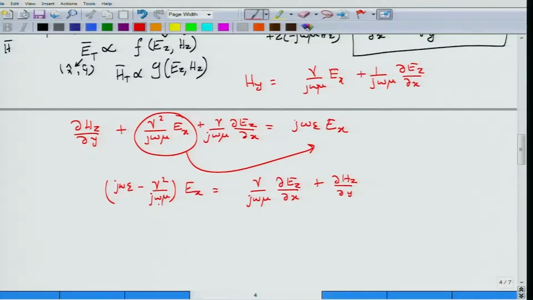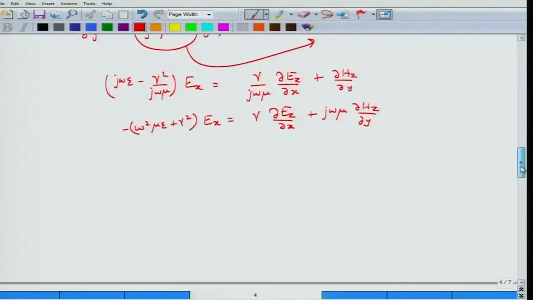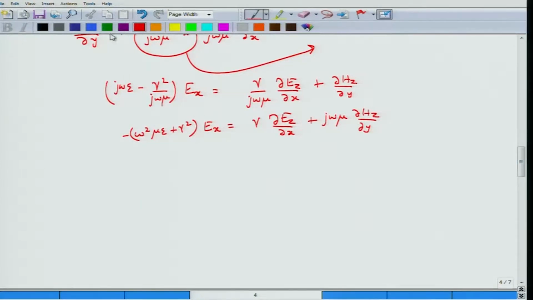I can rearrange the expression in these brackets. So I get minus omega square mu epsilon plus gamma square, times Ex, must be equal to j omega mu gets multiplied, so I have gamma del Ez by del x plus j omega mu del Hz by del y. Call this omega square mu epsilon plus gamma square as h square. So h square is equal to gamma square plus omega square mu epsilon.